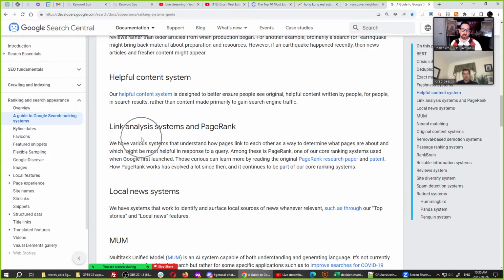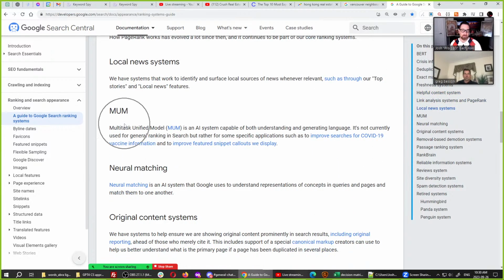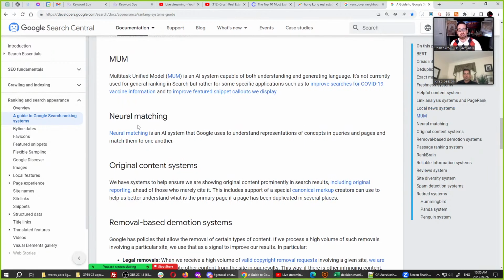We also have link analysis systems that we help you with, both in Keyword Spy and analyzing competitors, but also in Underground SEO University. We have the absolute best link systems. MUM, we help you with the multi-task unified model. Neural matching is an AI system that Google uses to understand their concepts or synonyms or metonyms.